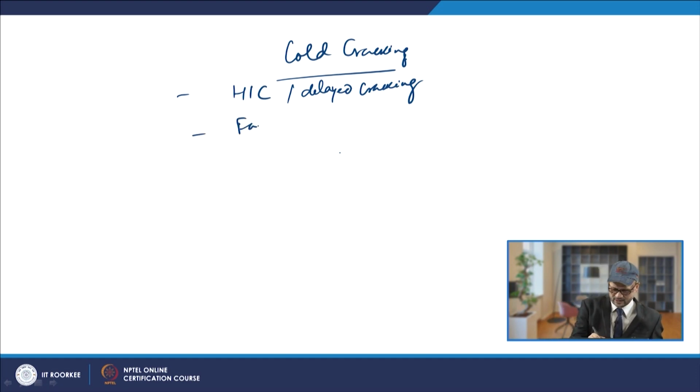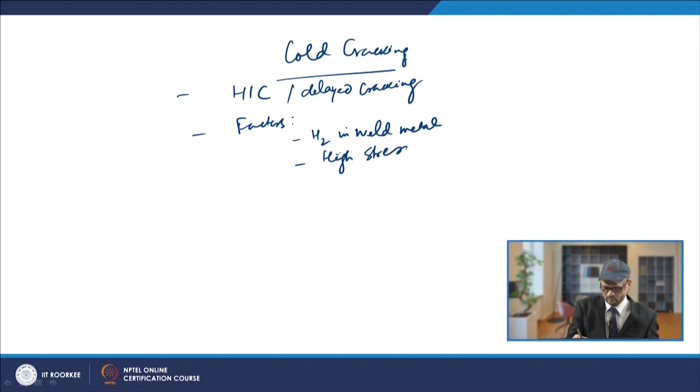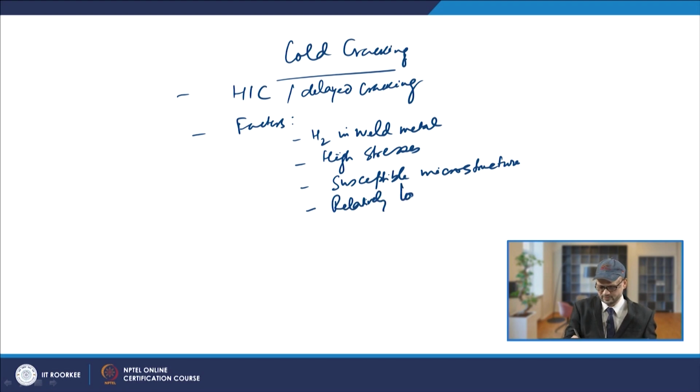The factors present simultaneously which are responsible for this type of cold cracking are hydrogen in weld metal, high stresses, a susceptible microstructure, that is the formation of martensite, and also a relatively low temperature, that is between 200 to minus 100 degree centigrade.